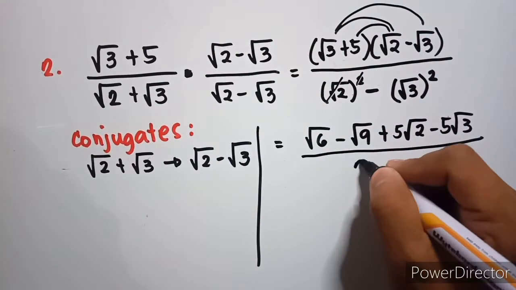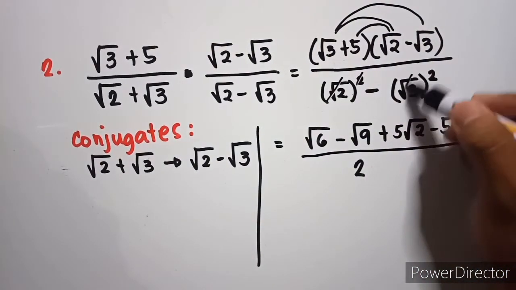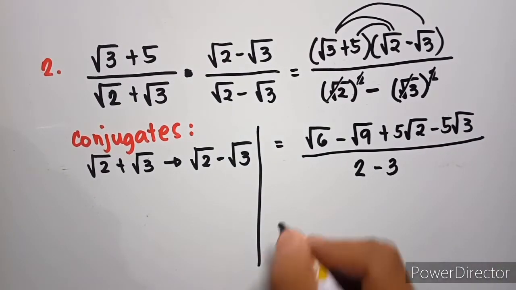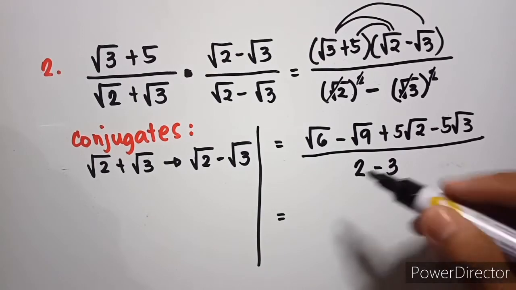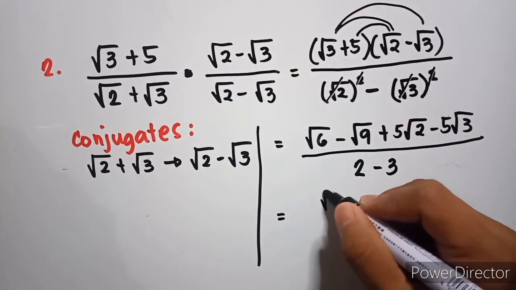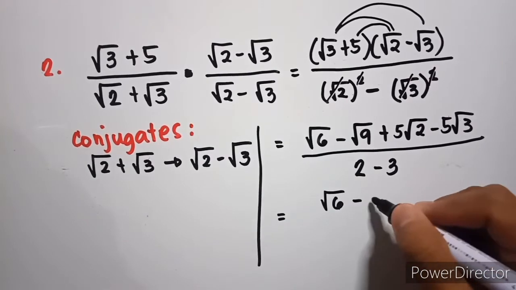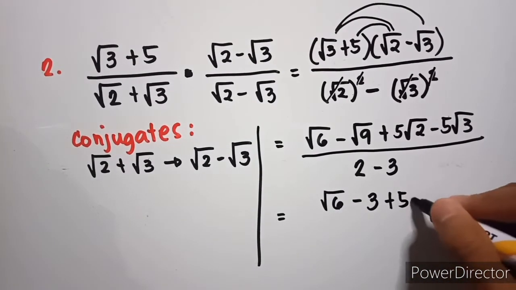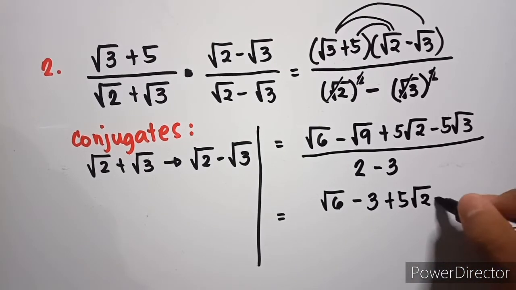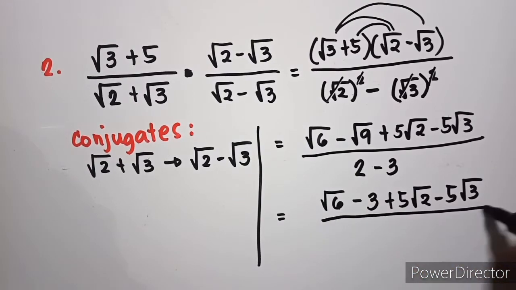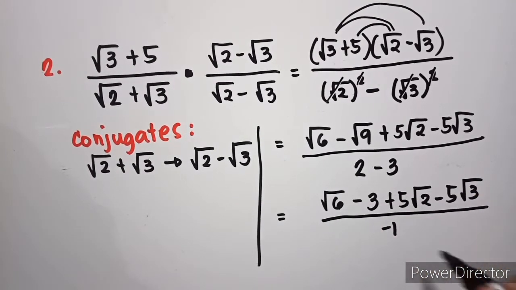So, natira ay 2. Then, cancel. Ang natira ay 3. So, minus 3. Then, this is equal to, let us simplify. So, that is square root of 6 minus 3 plus 5 square root of 2 minus 5 square root of 3 all over negative 1. 2 minus 3 is negative 1.